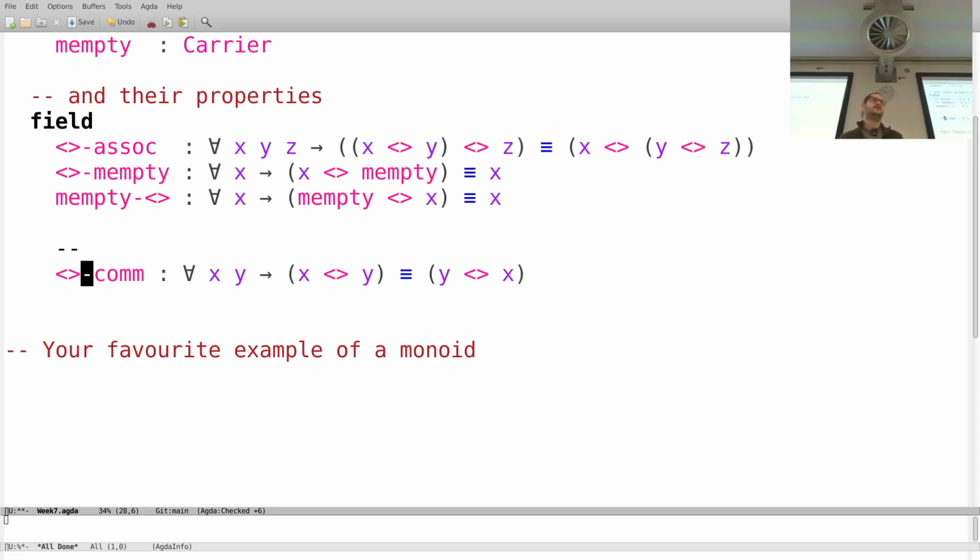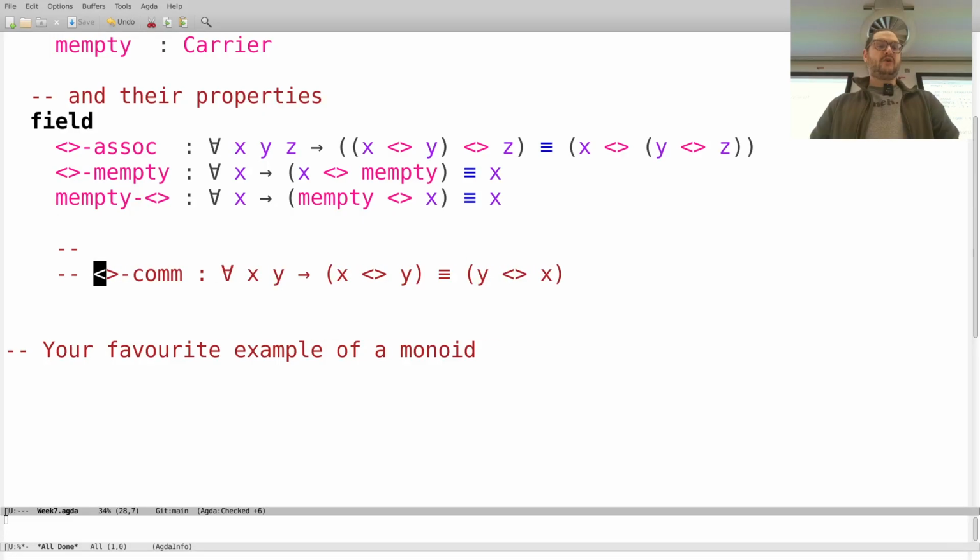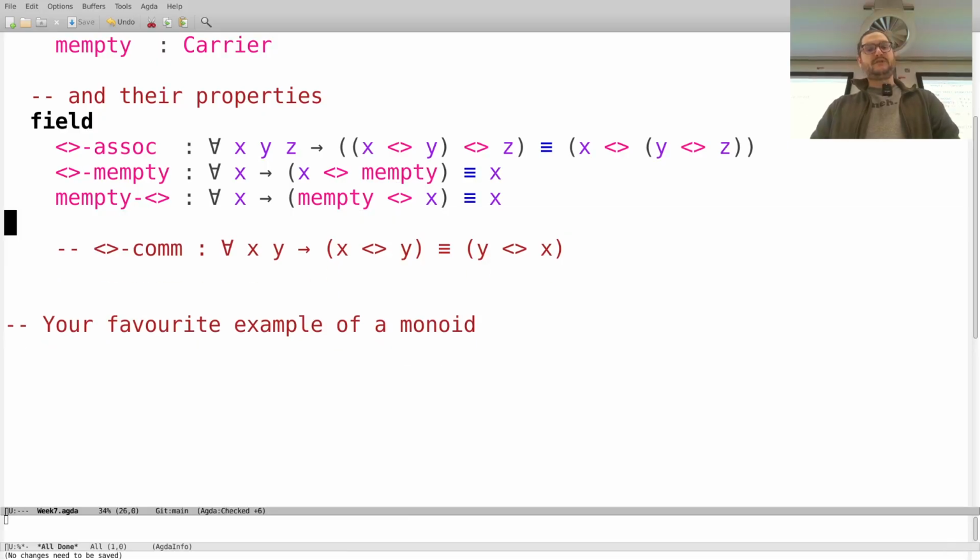For minus, not so much, right? 3 minus 1 is not the same as 1 minus 3. So in this case, we are not going to assume it. Well, minus is not associative either, so it wouldn't be a good example here. But we're not going to assume commutativity, which means we'll be able to capture more examples, but we won't be able to rely on these extra assumptions.